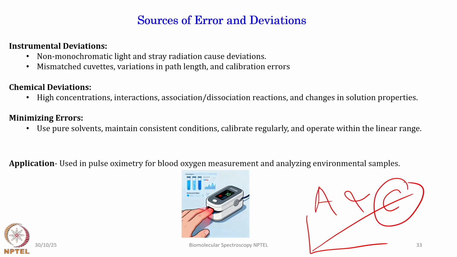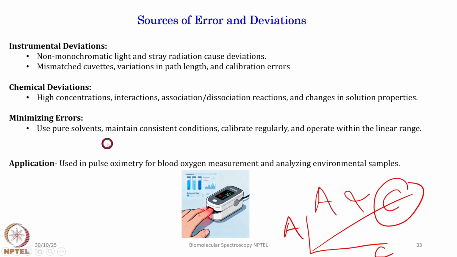That means the sample under investigation is no longer behaving linearly, and therefore this curve of A versus C will no longer hold. So, up to some concentration we can measure very accurately, but if the concentration increases, because of all these physicochemical changes that may happen in solution, this can lead to chemical deviation.